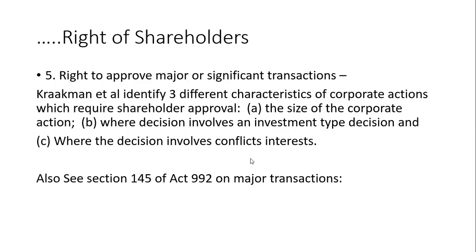So A, the size of the corporate action. That is to say that the greater the size of the particular proposed corporate action, the more likely the law will need to provide for shareholders to grant the approval.